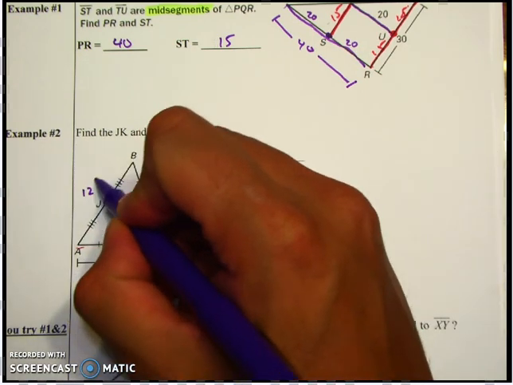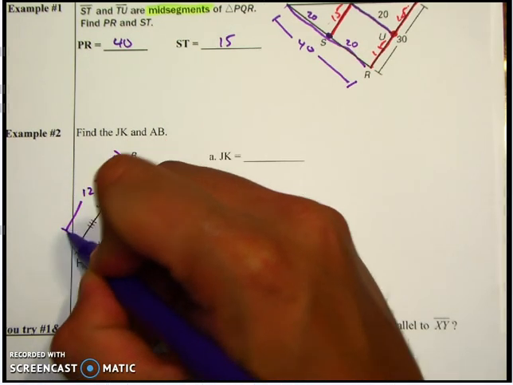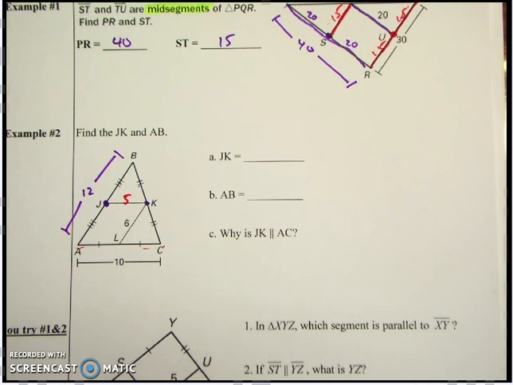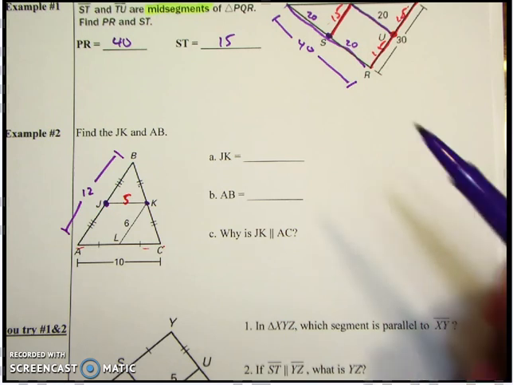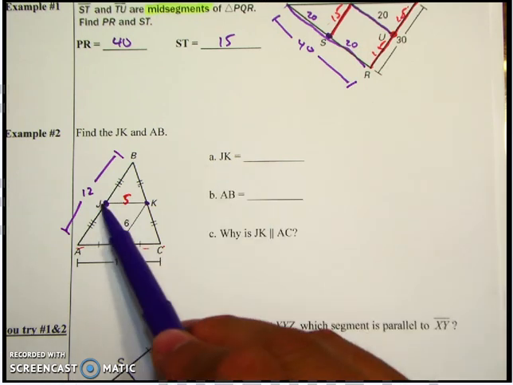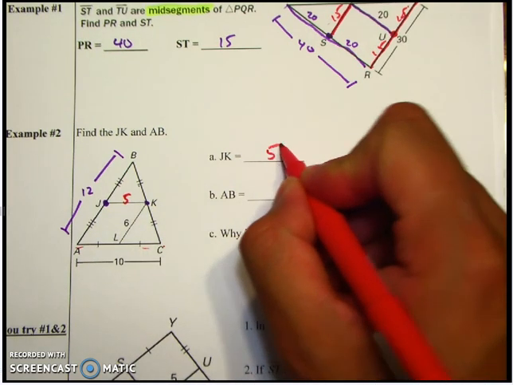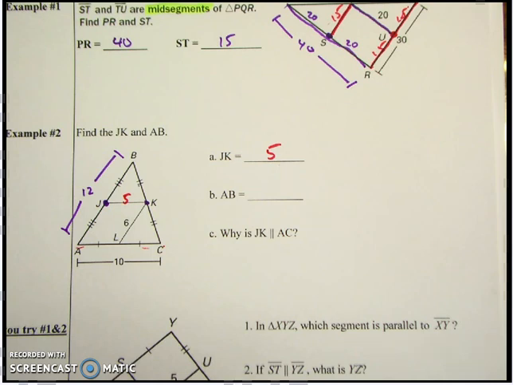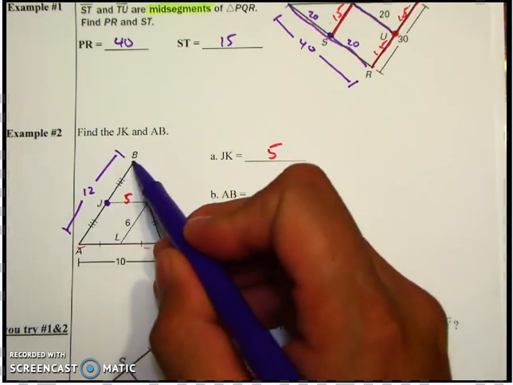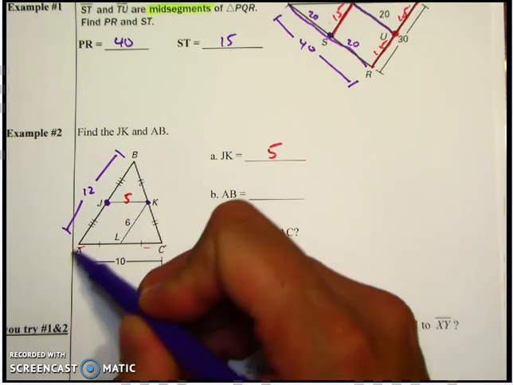Should be 12. Okay? Let's go ahead and identify what we can. JK, here's JK, we already know what that is, which is 5. AB, let's see, AB here, A and B, so that's 12.